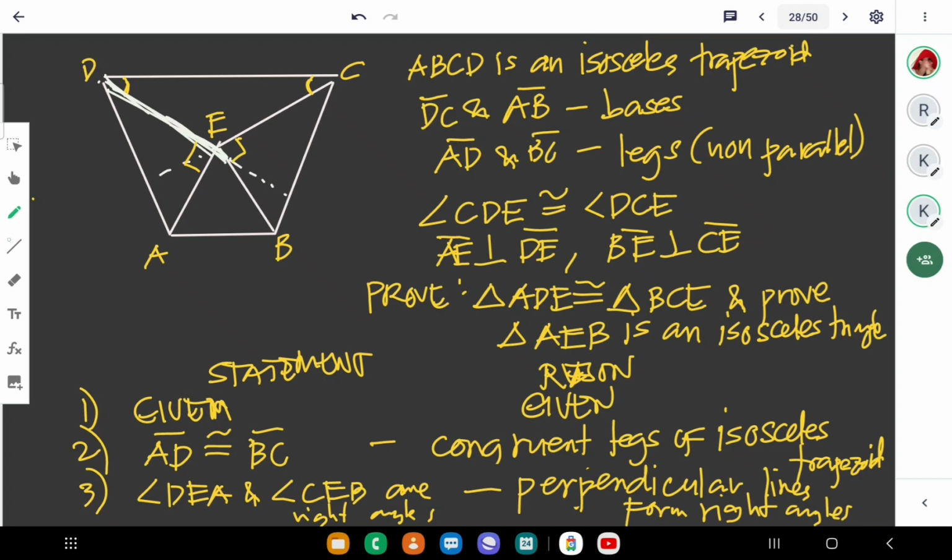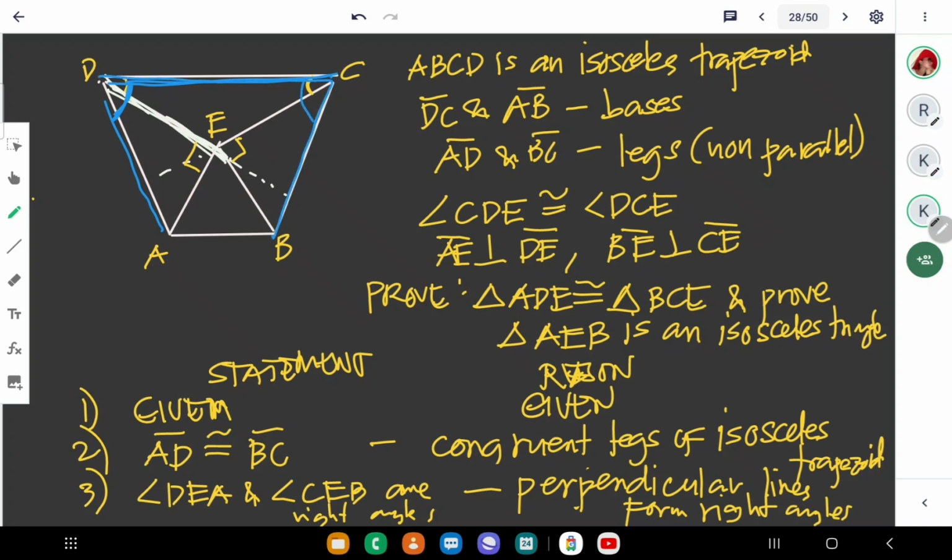Okay, so therefore angle CDA is congruent to angle DCB. This angle here is congruent to angle DCB.